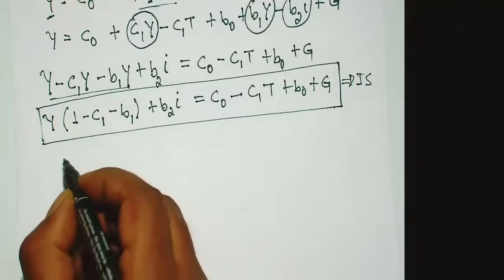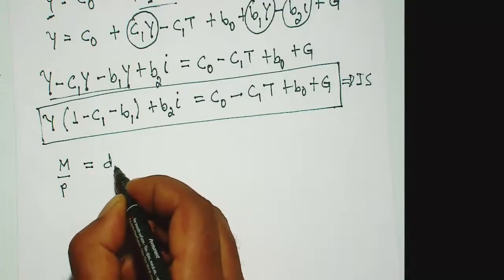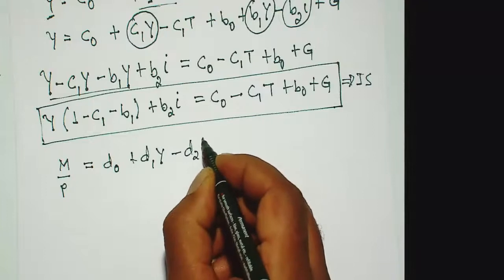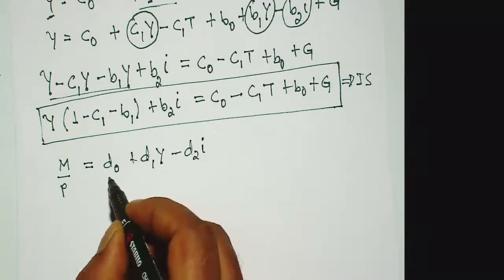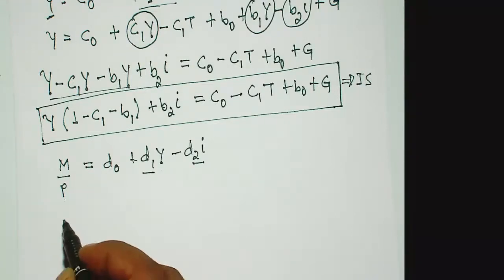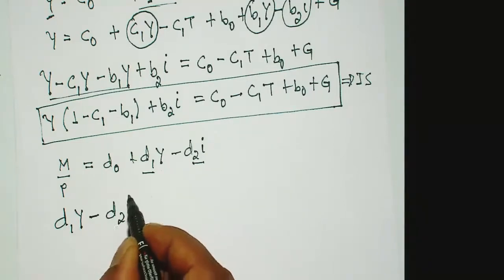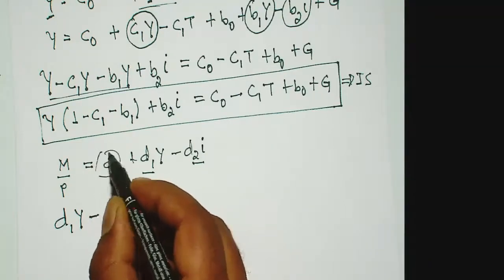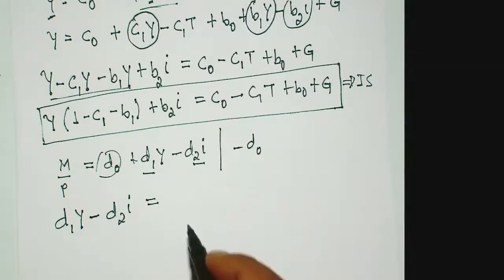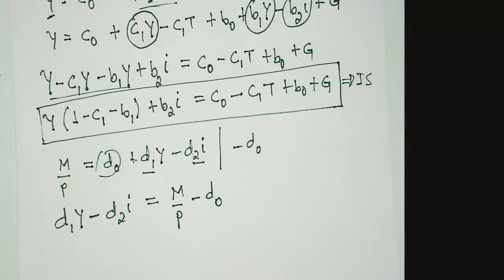Moving on, we would look at our LM curve, which was given as M over P is equal to D0 plus D1 Y minus D2 I. Here again, as you can see, these two variables are appearing on our right-hand side, so we can take them to the left-hand side and write them as they are, and we just have to subtract D0 from both sides of the equation, which would give us M over P minus D0.